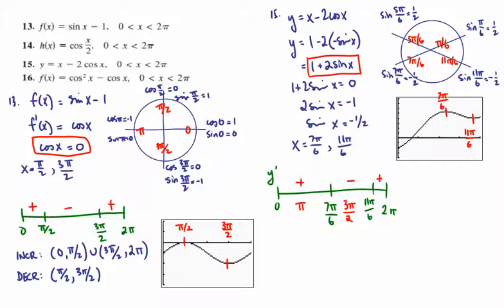But the question is, how could we have told that without seeing the graph there? Because it's very difficult to find a test point between 11 pi over 6 and 2 pi. But we know this, going back to our different unit circles here. On the left over here, we knew that at 3 pi over 2, sine was negative 1. And by the time we got to 11 pi over 6, sine is negative 1/2.